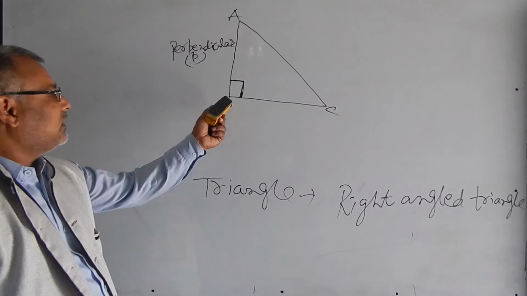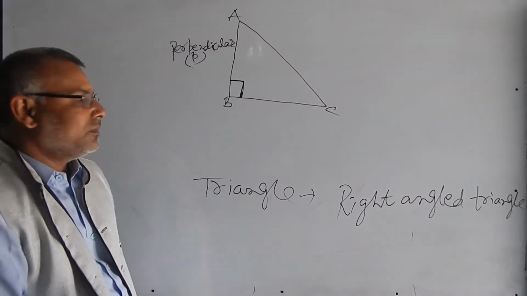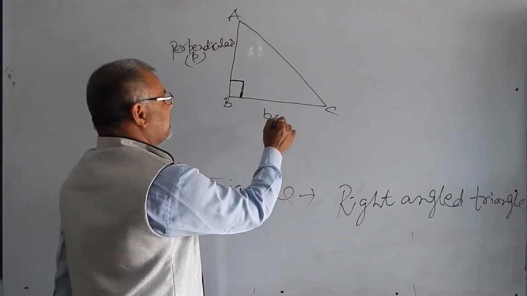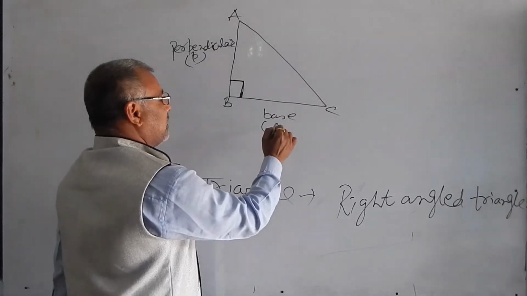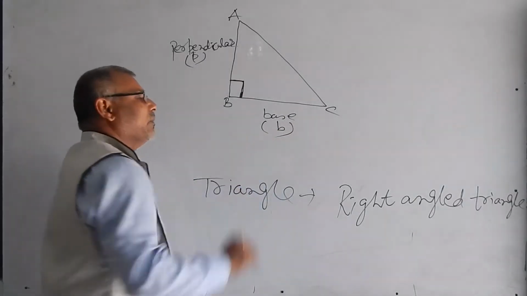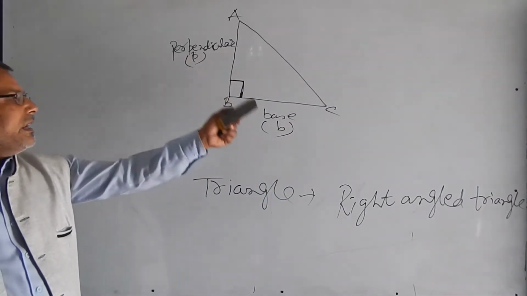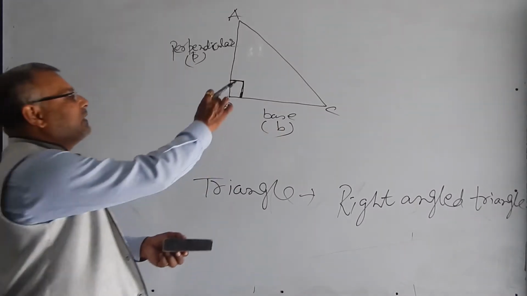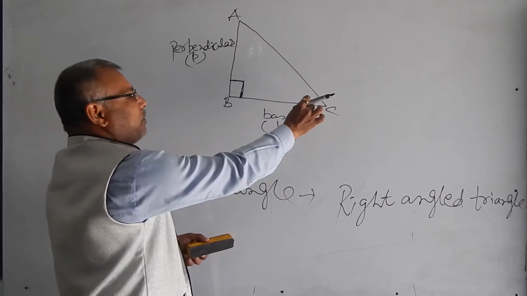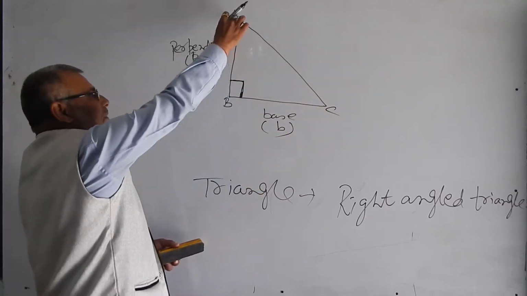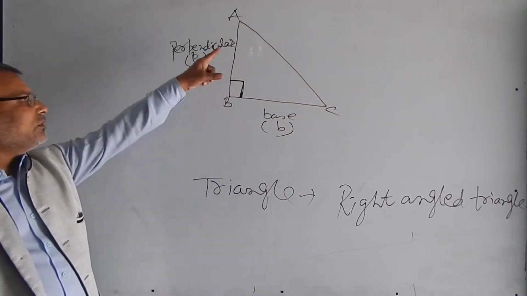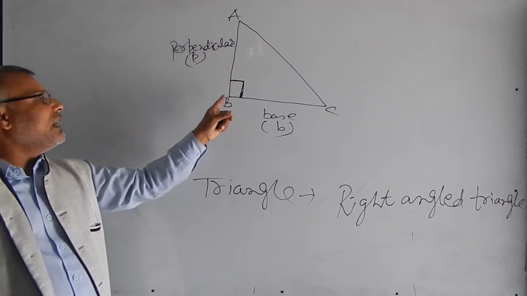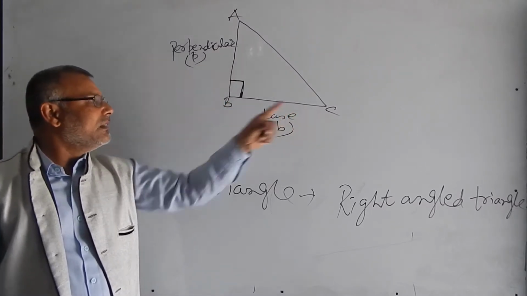And the other side is called the base, by symbol a small b. This perpendicular and base are not fixed. If you choose BC as the perpendicular, then AB will be the base. If you choose AB as the perpendicular, then BC will be the base.